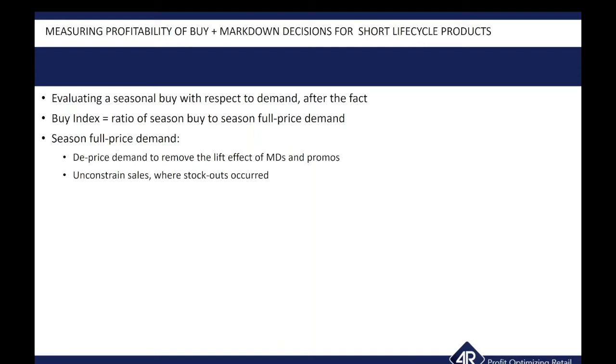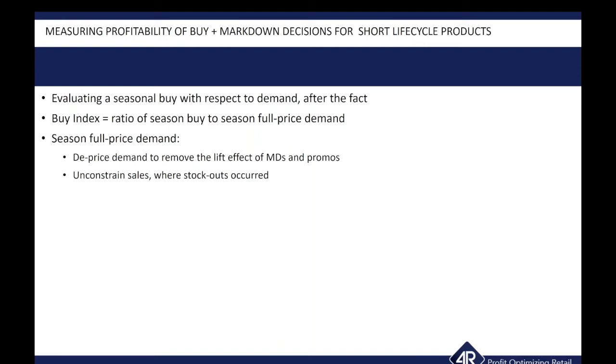An interesting intermediate metric that we use is the buy index. The buy index is basically the ratio between the amount of inventory bought, the number of units bought for a given product, and its season full price demand. Of course, this quantity, the buy index, is only known after the season has ended, when we have hindsight into what season full price demand was.